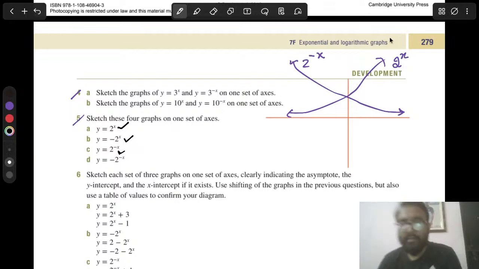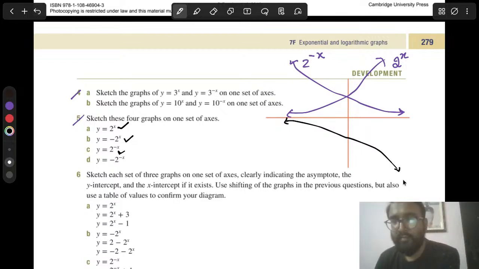Minus means all values get down. Okay. So this is minus 2 power x. Clear? And it's a reverse, means this 2 power minus x is there.